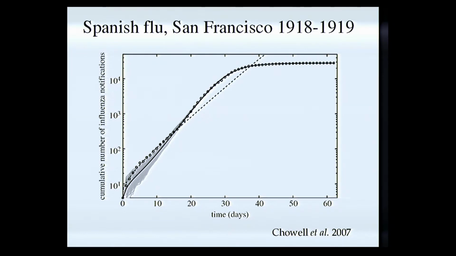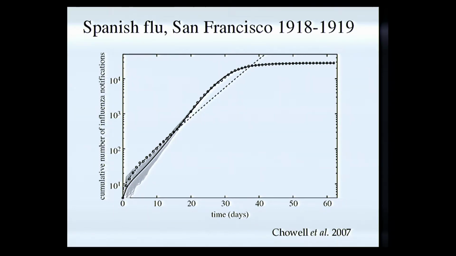The data here is on the outbreak in the city of San Francisco, California. The horizontal axis in this graph is time from the start of the outbreak, and the vertical axis is how many people were reported as having been infected with the Spanish flu. And you see it's going up like this.